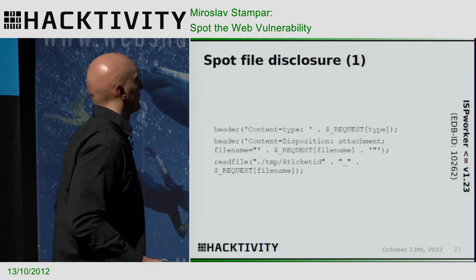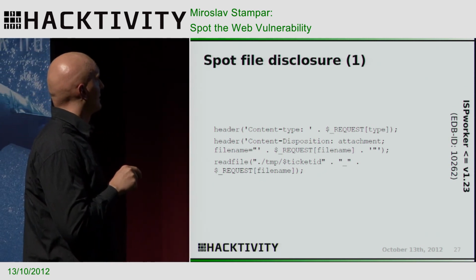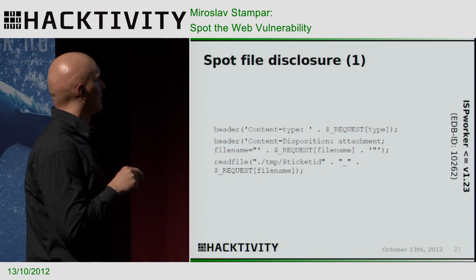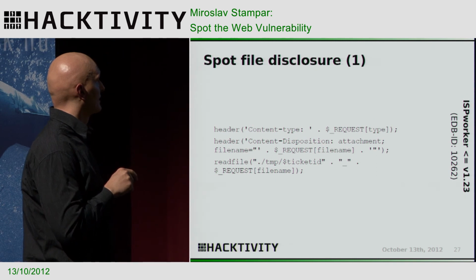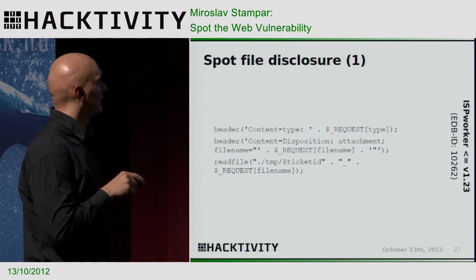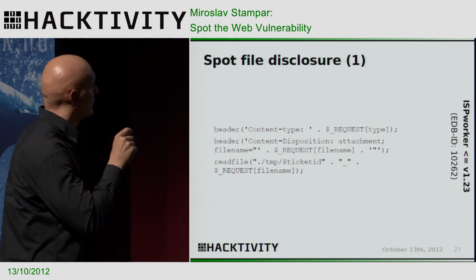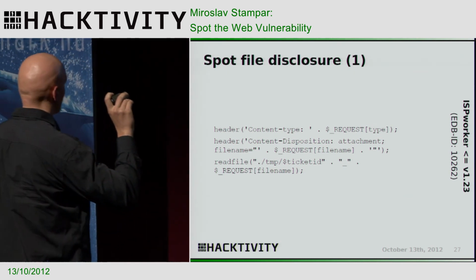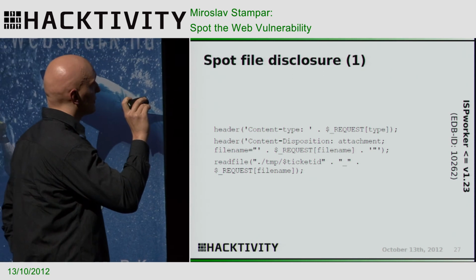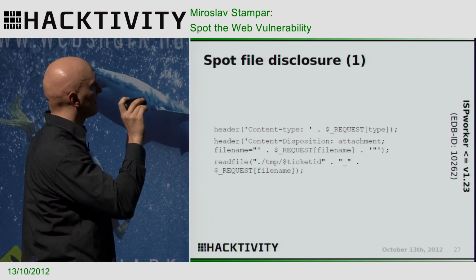File disclosure. This is the popular function found in those kinds of vulnerabilities, where a file is blindly, unfiltered, unchecked by the developer included, or not included for execution, but just for the representation of its content to the affected application.